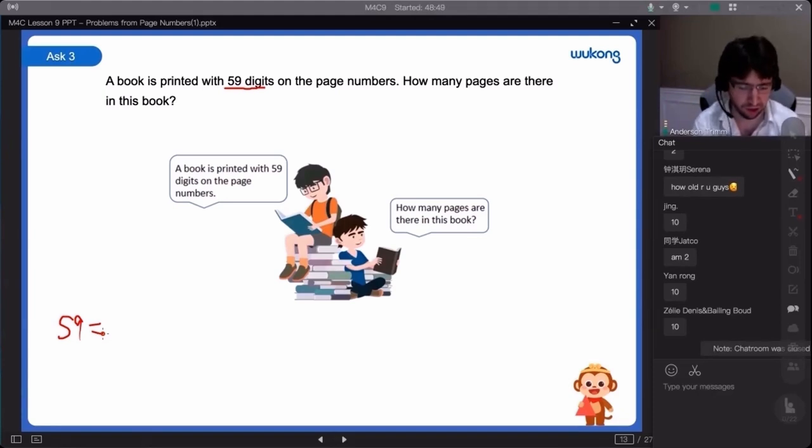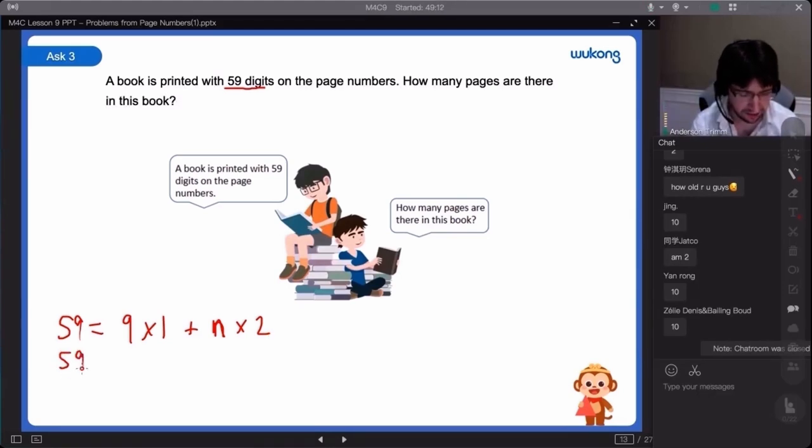So the first 9 digits are from 1-digit numbers. 9 times 1 plus some number, I'll say n for number, of 2-digit pages. Right? So this gives us an equation we can try to solve.